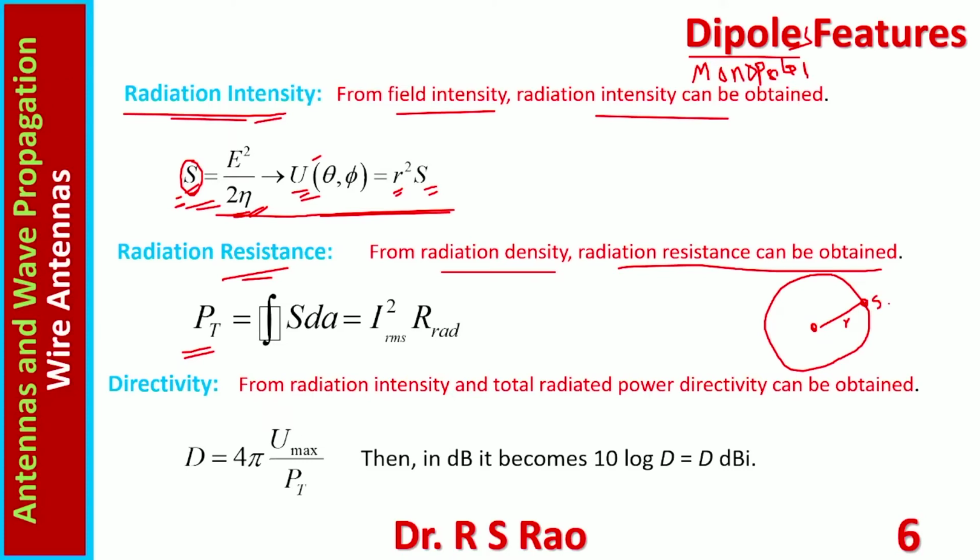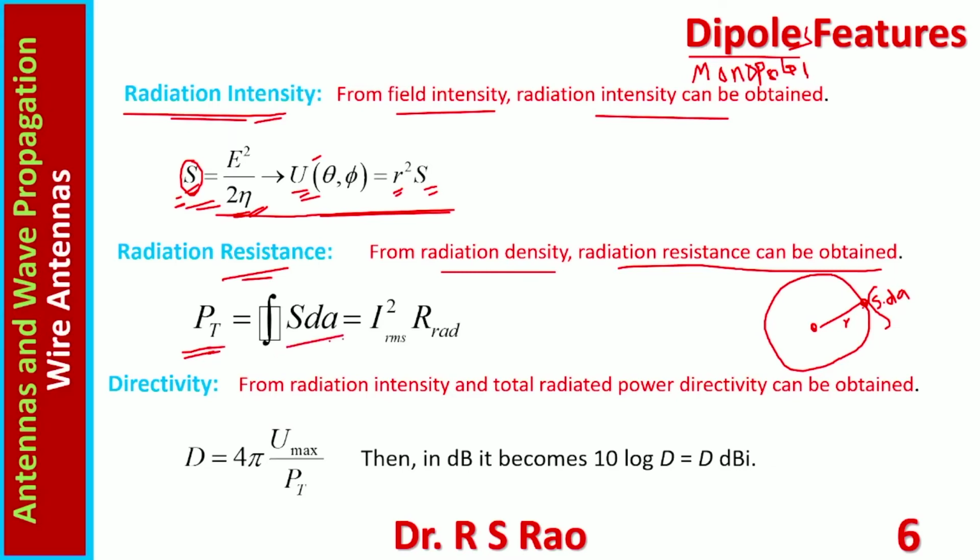S stands for power crossing the surface per unit area. If I want the total power crossing this spherical surface, I have to integrate S over the entire area. It gives the power crossing the spherical surface, but that is the power radiated by the antenna. This is the way total power radiated is computed.